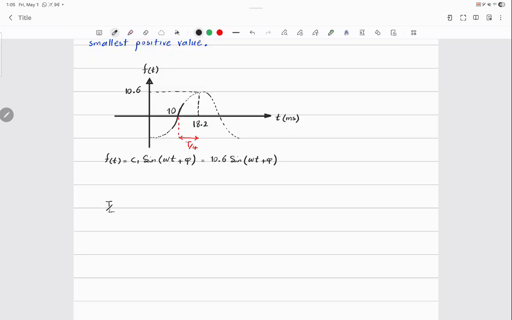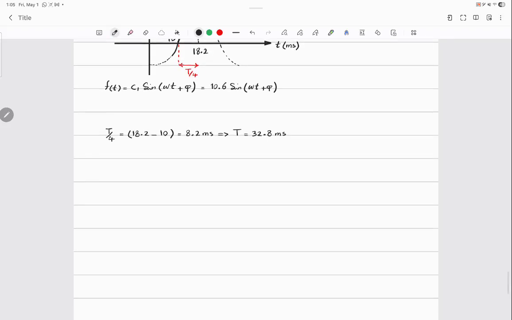So T over 4 is equal to 18.2 minus 10, which is 8.2 millisecond. And from here, I can find T, which is 32.8 millisecond. Okay?